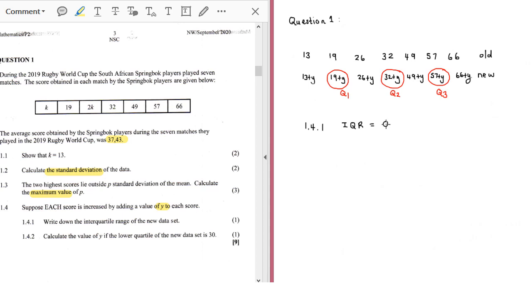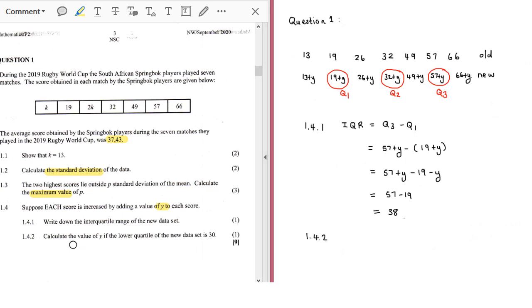We know that that is equal to Q3 minus Q1. So we have 57 plus y minus 19 plus y. Okay, so we're going to have 57 plus y minus 19 minus y. The y's cancel out, leaving us with 57 minus 19, which is equal to 38.